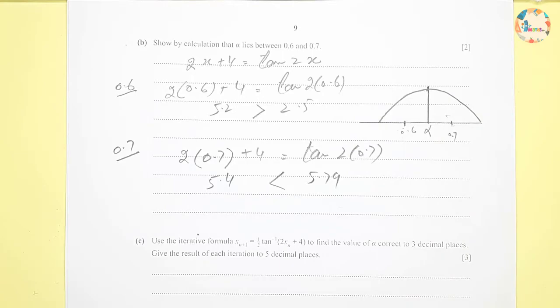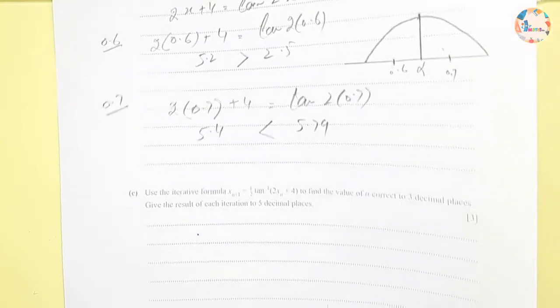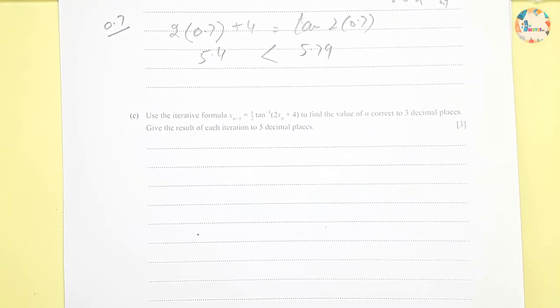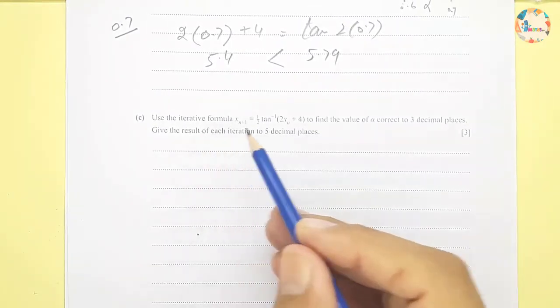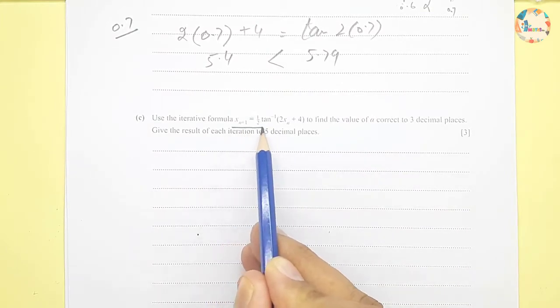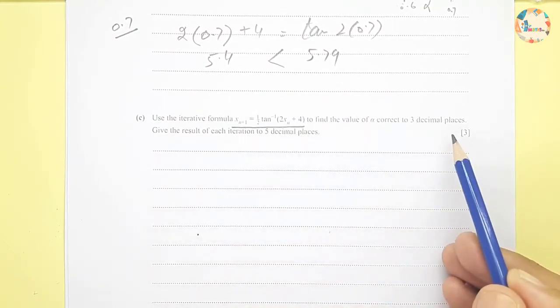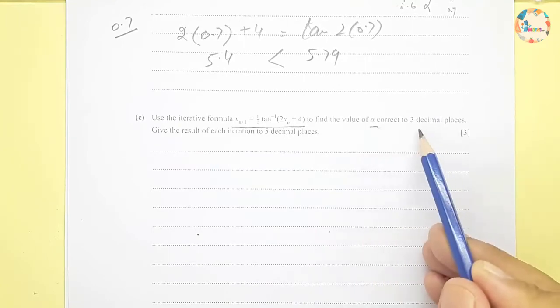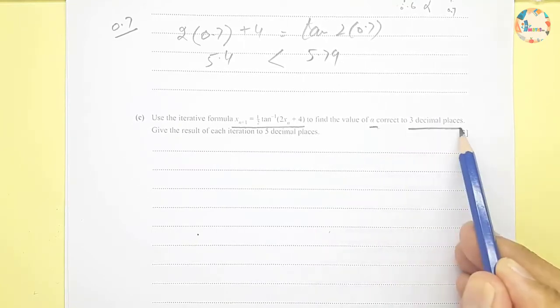Hopefully you understood this. Now part C, use the interval in the iterative formula. This is the iterative formula given to find the value of alpha correct to 3 decimal places.